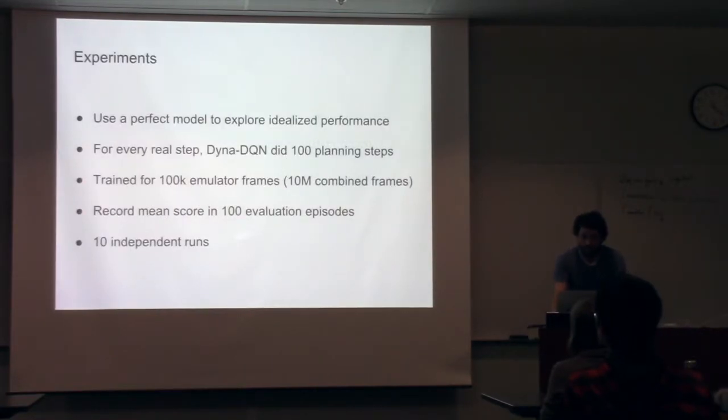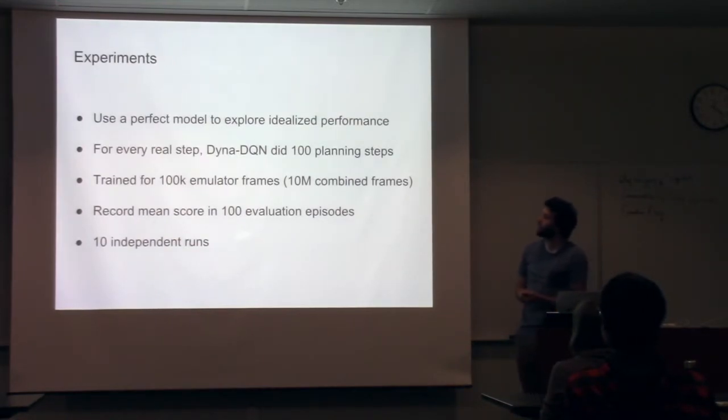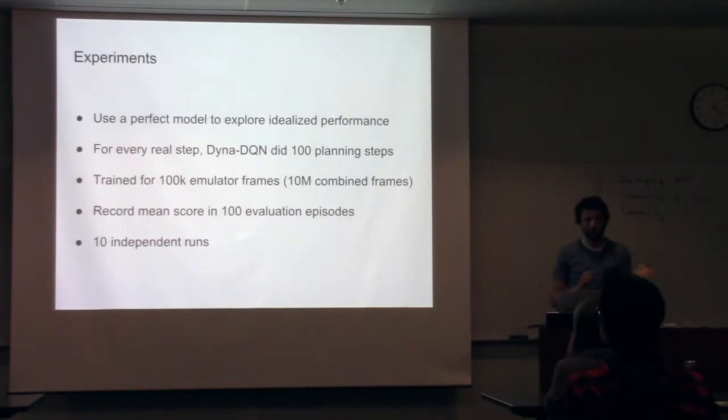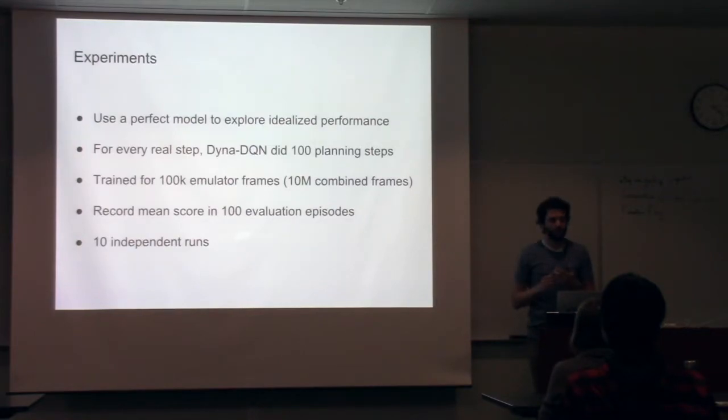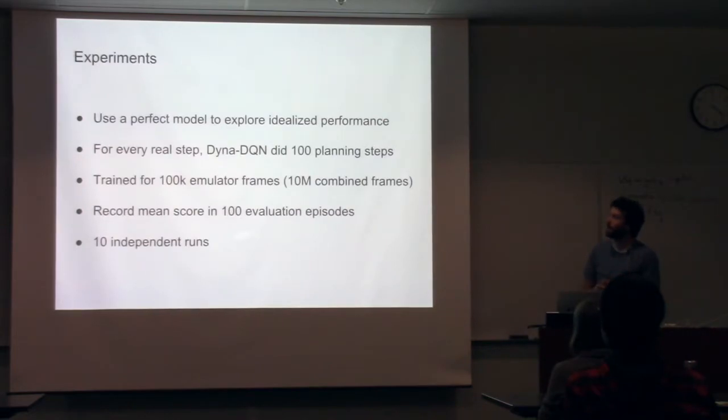All right. So to evaluate Dyna-DQN, we ran it on several games from the ALE, and we used a perfect model, which was just a copy of the emulator, to explore the idealized performance of this algorithm. So for every real step in the environment, Dyna-DQN did 100 planning steps. So it sampled 100 states from the buffer and then simulated one step each.